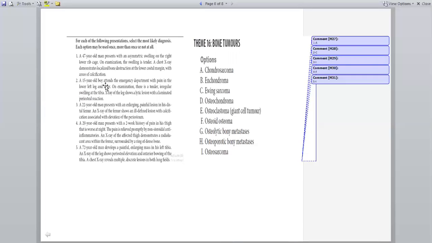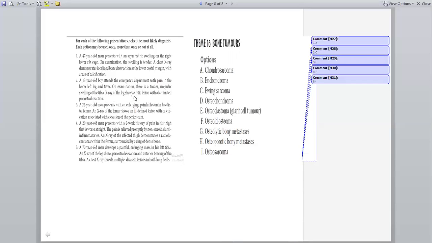A 15-year-old boy attends the emergency department with pain in the lower leg with fever. On examination, there is a tender irregular swelling at the tibia. X-ray of the leg shows a lytic lesion with a laminated periosteal reaction. So in the scenario, you can see the age is 15 years, the presentation is with pain and fever, and examination shows swelling in the leg, the tibia.